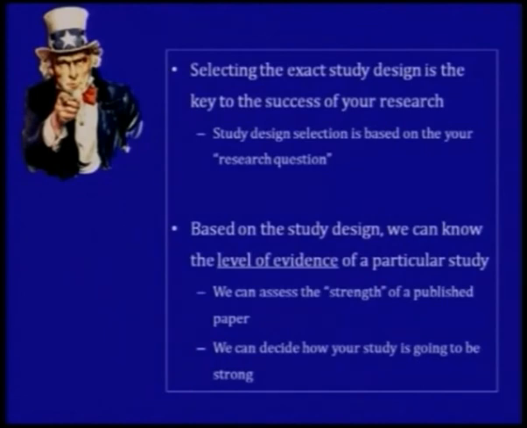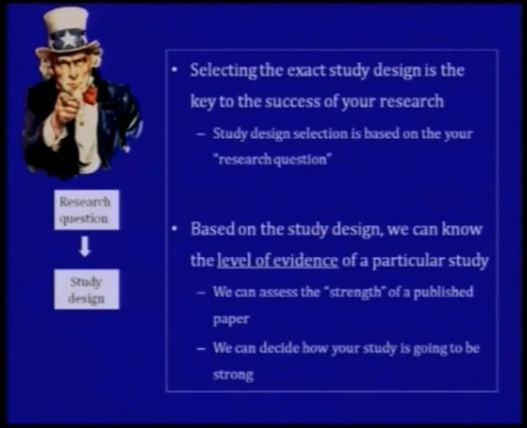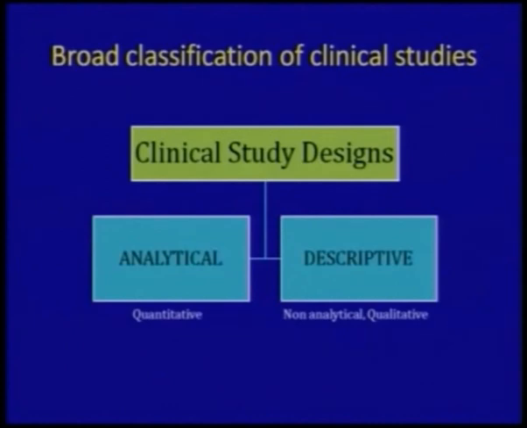It can either be the strength of a published paper, or we can decide how strong your study is going to be. From your research question or whatever thesis you are going to study, you decide which is the best study design to take your study forward. And from your study design, we have the level of evidence. So all these three things are interrelated.